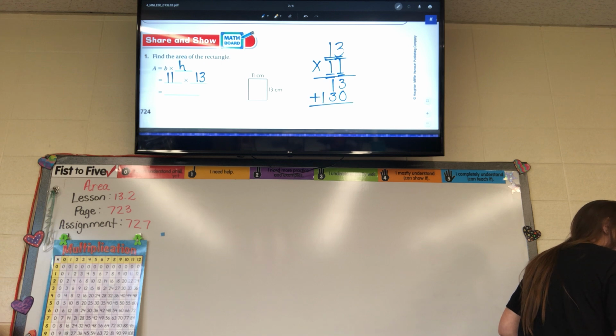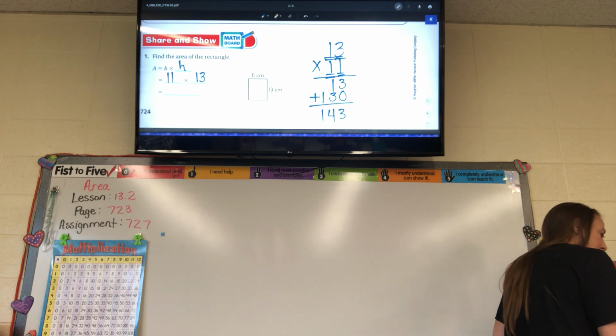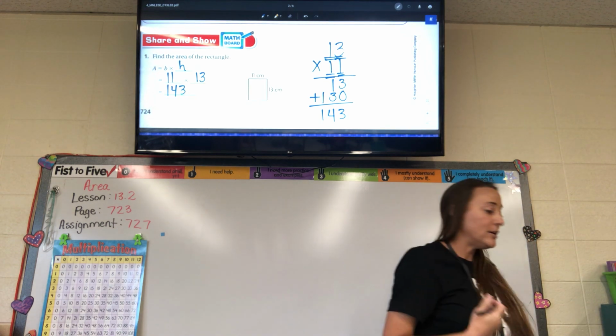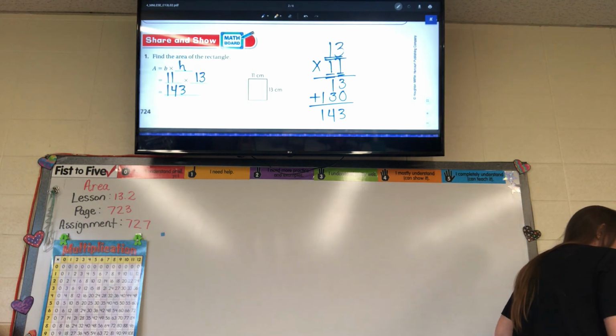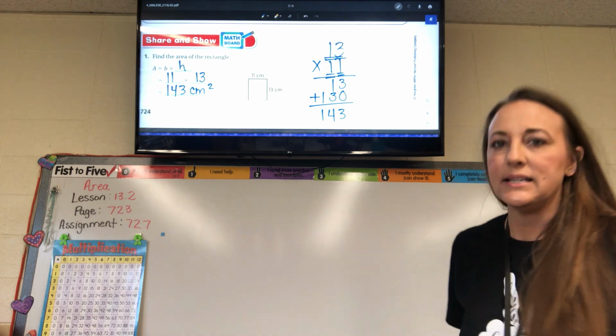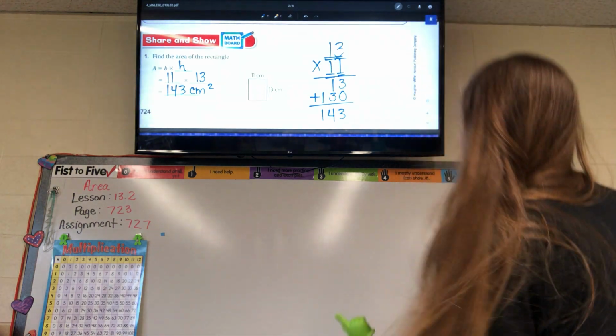Add those together and we will get 143. But we're not done. We have to label it centimeters squared. You guys see that? Okay.